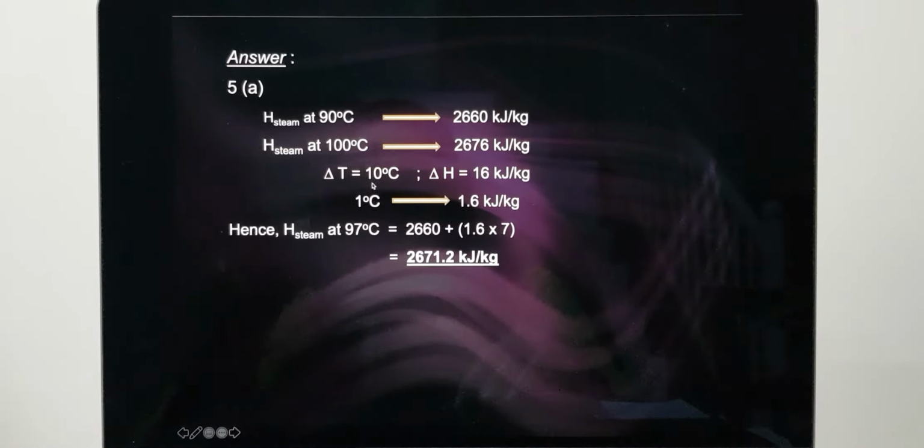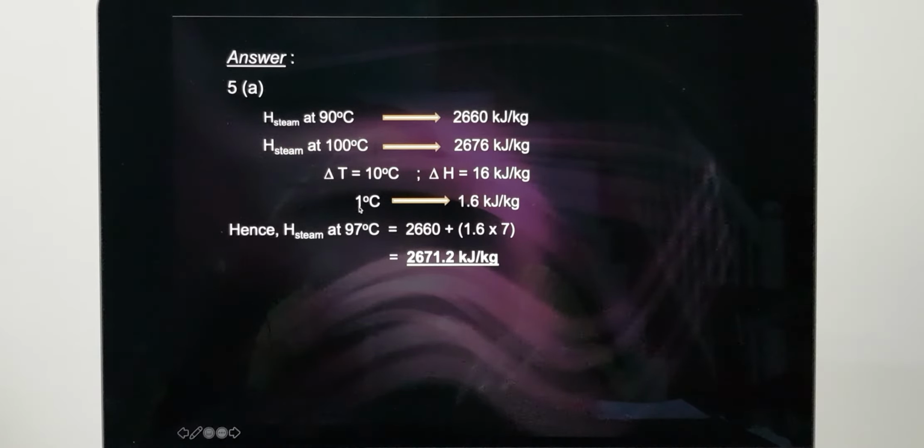You should be able to get 10 degrees Celsius. For delta H, you need to do subtraction: 2676 minus 2660. So for delta H, you will get 16 kilojoule per kilogram. Don't forget your units: kilojoule per kilogram represents the enthalpy, and degrees Celsius represents the temperature.